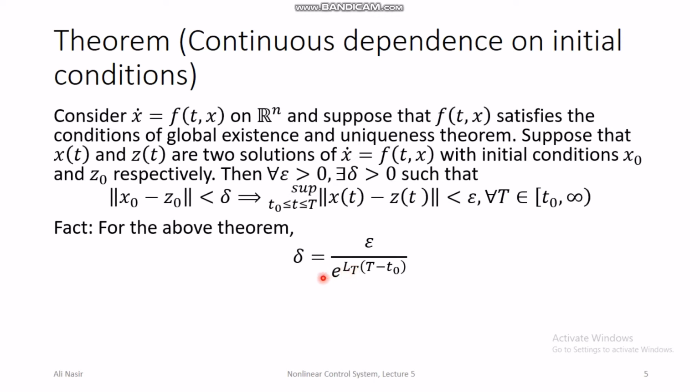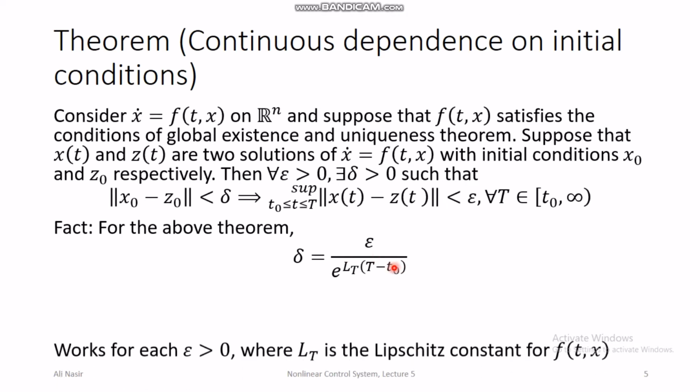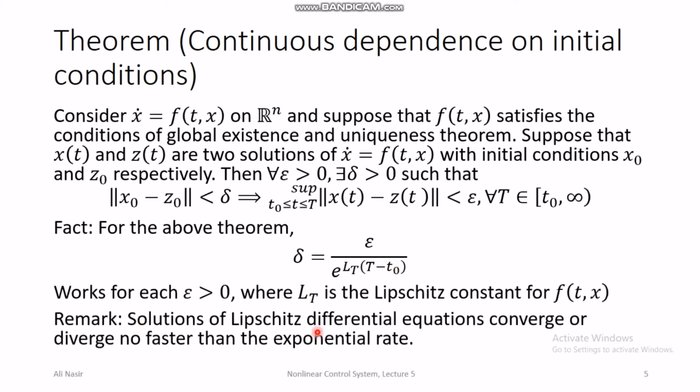And since this relationship has the exponential proportionality factor, the distance between the trajectories is proportional to the distance between the initial conditions, and the constant of proportionality is this exponential term. So that leads us to the conclusion that the solutions of the differential equation converge or diverge no faster than the exponential. No faster than the exponential rate means that the exponential rate is the upper bound on the expansion or contraction speed of the differential equation.